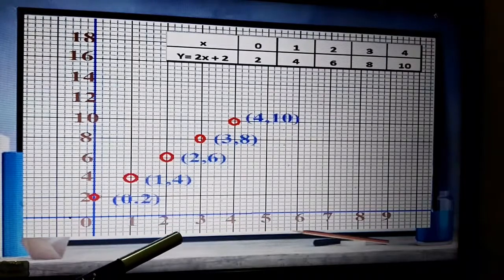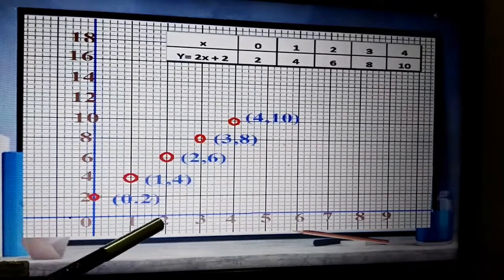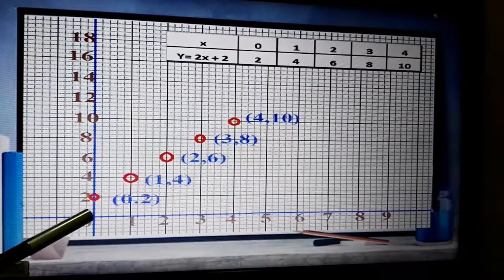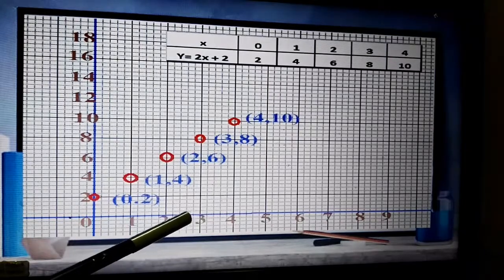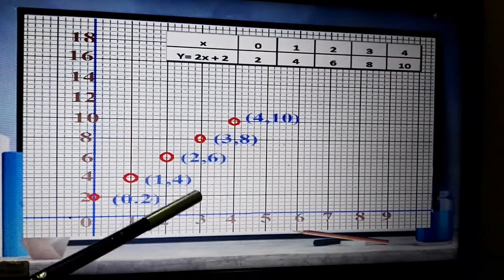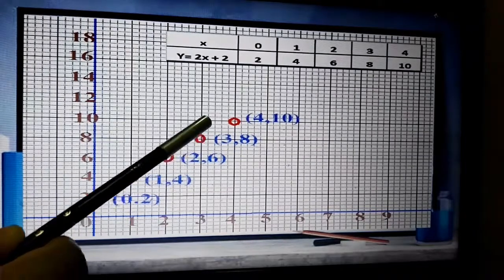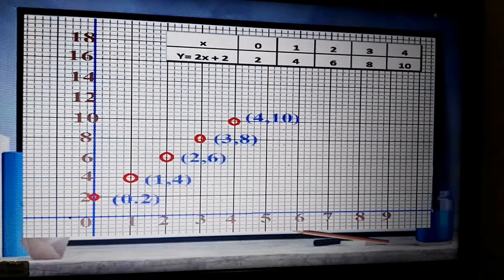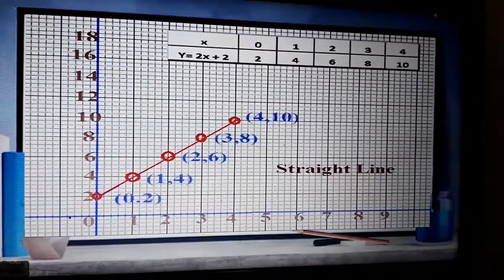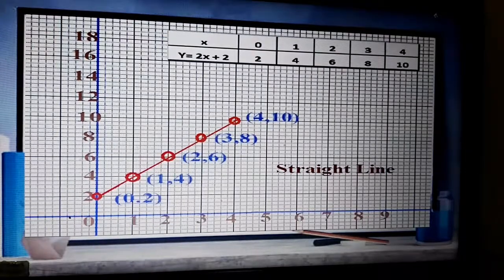And x is equal to 2 here on the x-axis, and the distance on the y-axis is 6, so they meet there. When x is equal to 3 on the x-axis, then y is equal to 8 on the y-axis, so they meet on this point. So by taking all these points and joining these points, we have this straight line.